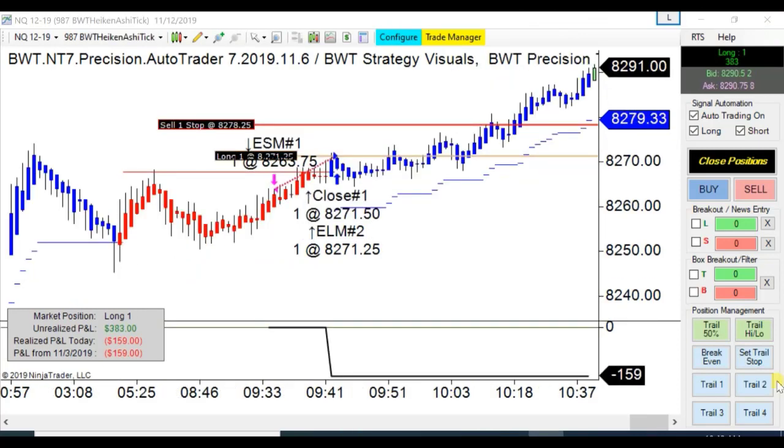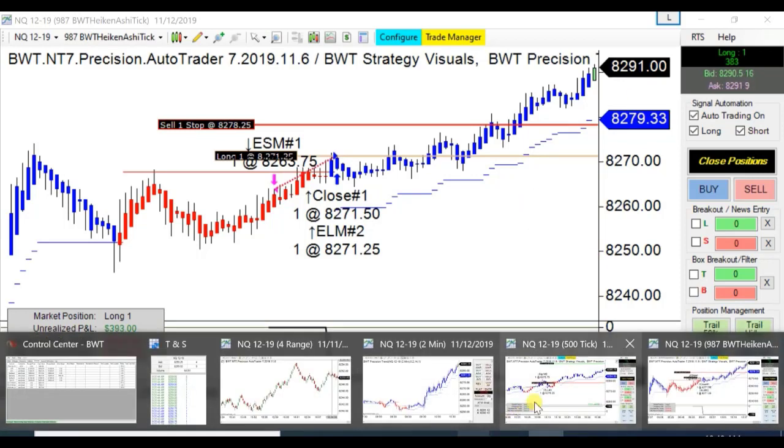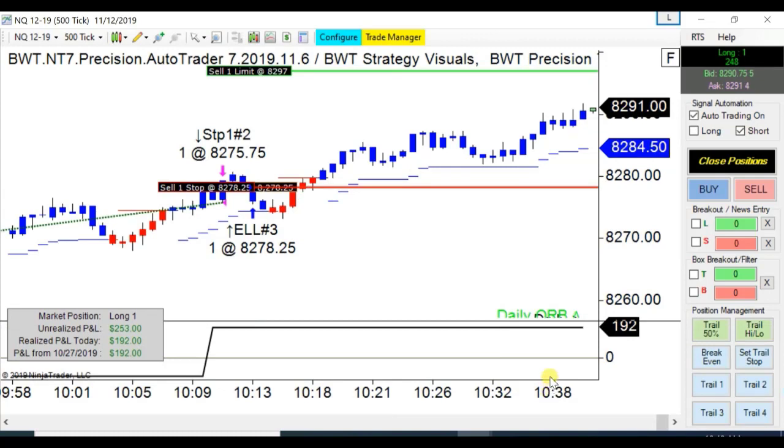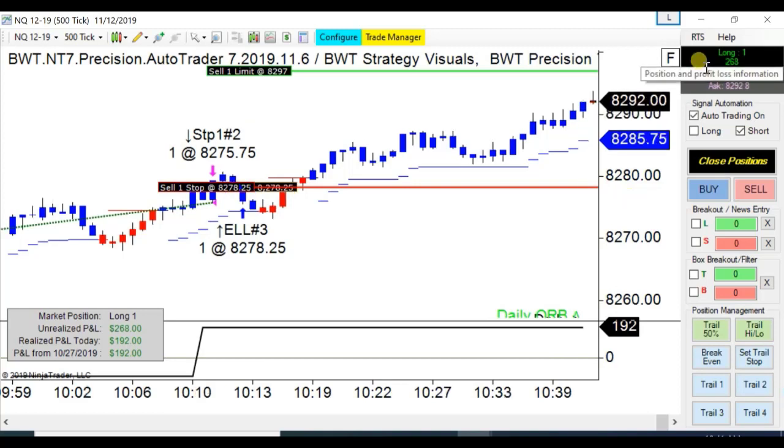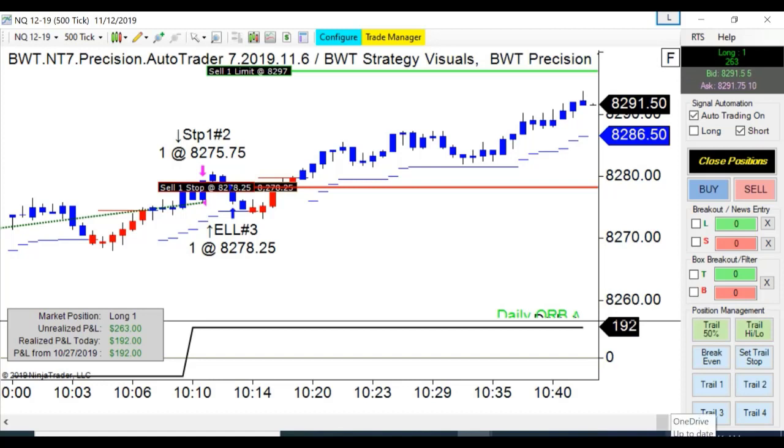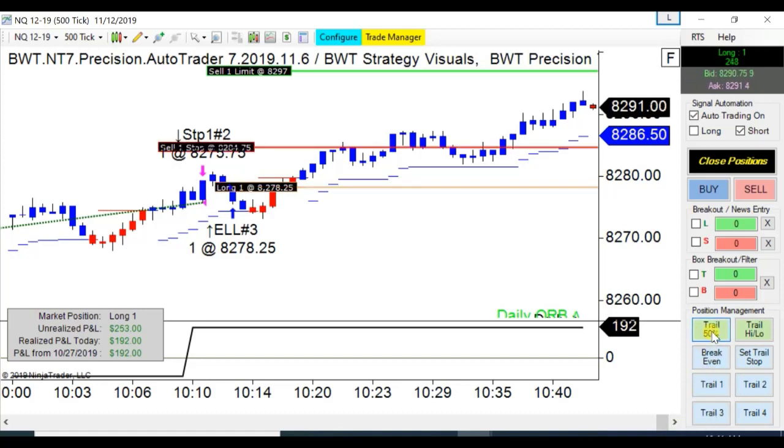We are at 91. So I'm trading two charts here right now. It's slightly higher, it hit the target over here. I am at break even. I'm trying another move higher. I'm gonna trail by 50% now.